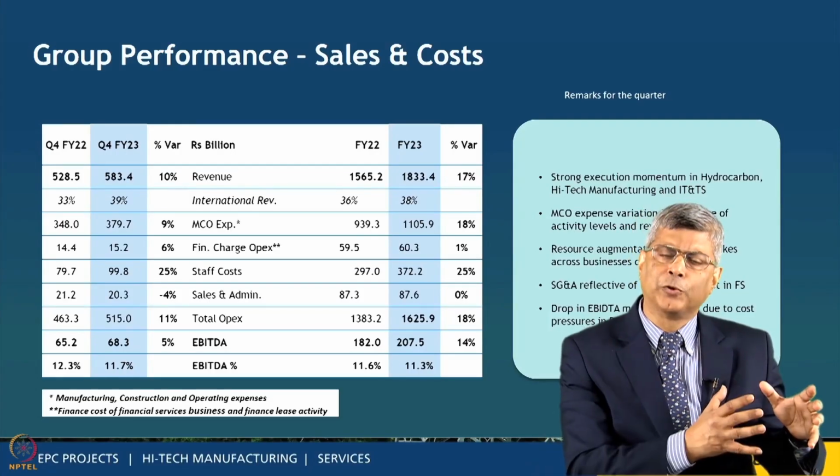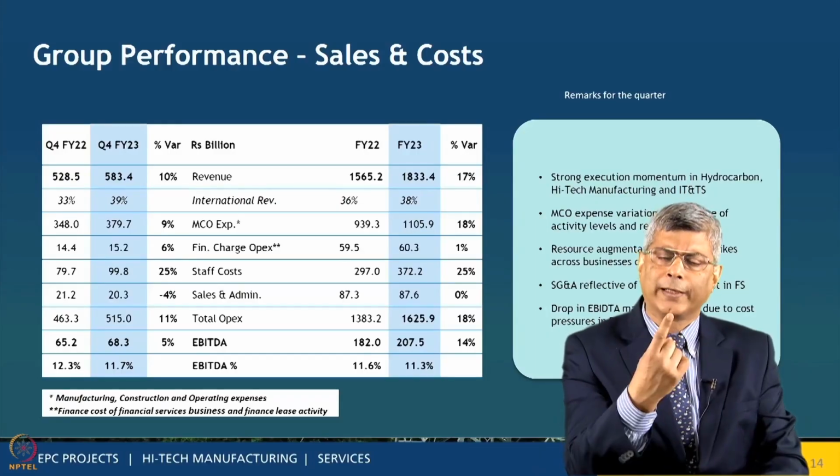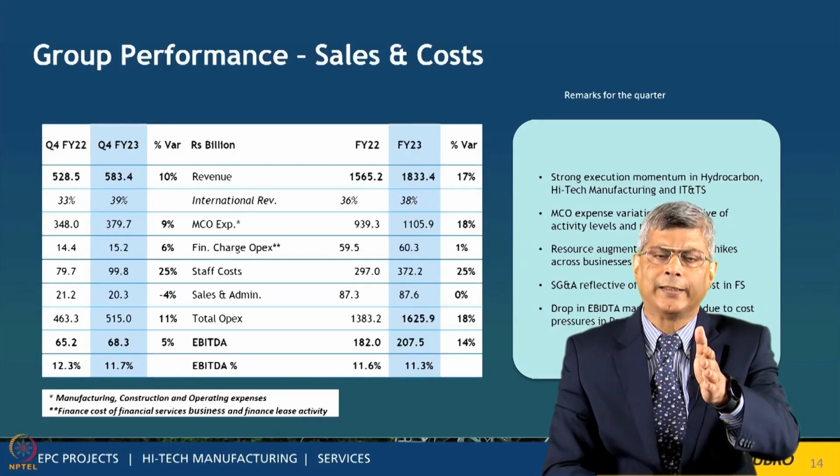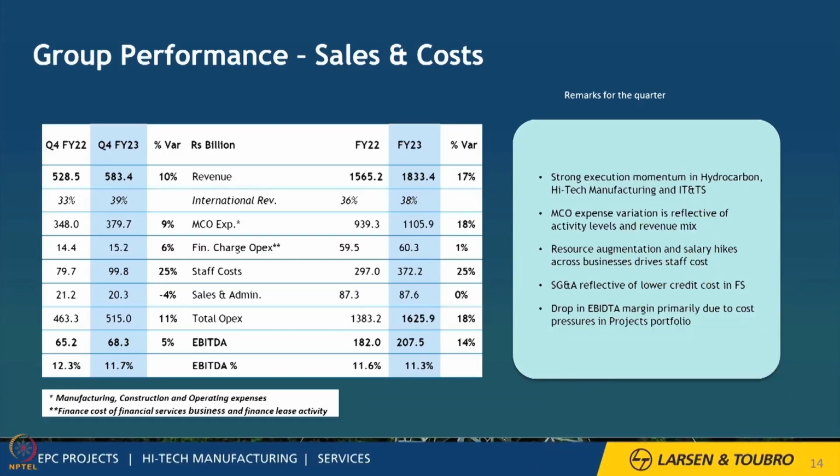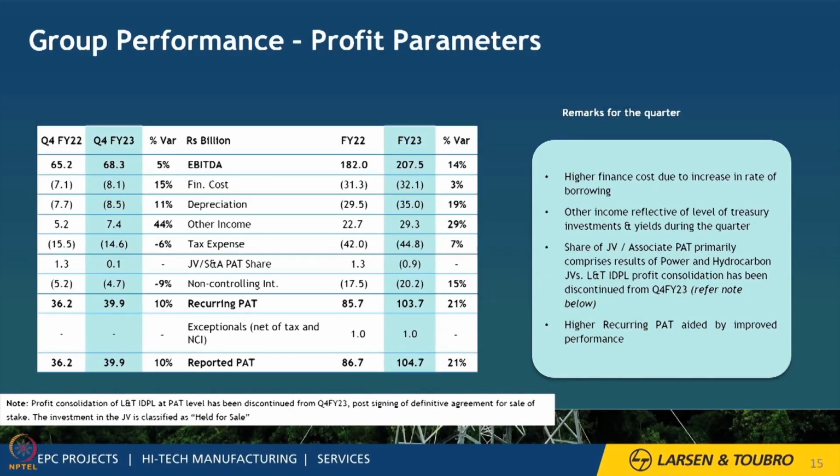So I gave you the example so far of a very simple case of one cup of tea. And here is a giant company reporting its sales to these investors. And then there are more details on the same profit parameters.